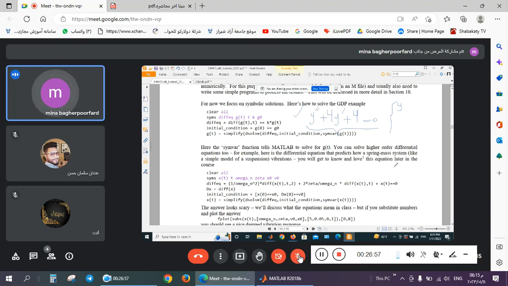Please solve this equation: second derivative of y plus first derivative of y equals 0. Please solve this equation in MATLAB and find the exact solution. Okay, this is very simple.